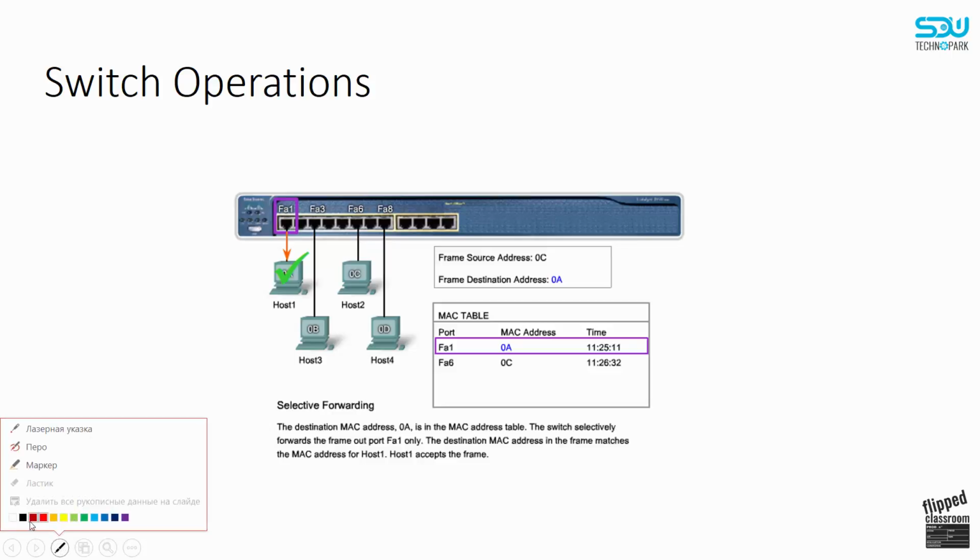So when host 1 communicates with host 2, the switch is able to provide a direct connection between them, and this mode of the switch port is called selective forwarding.